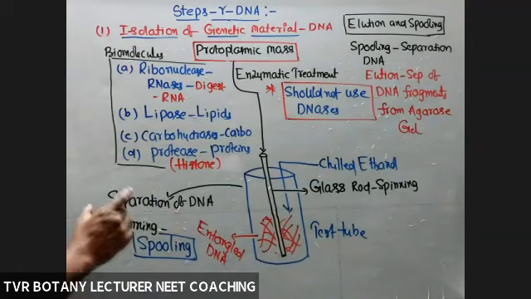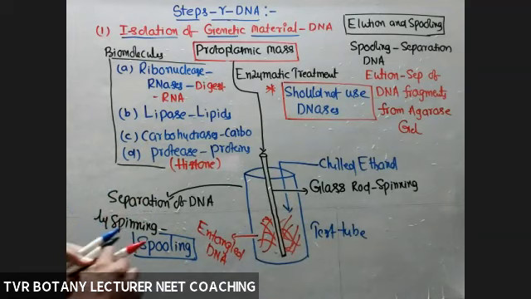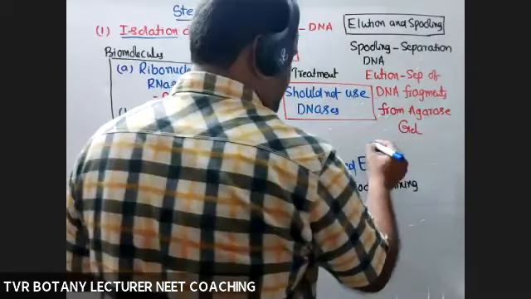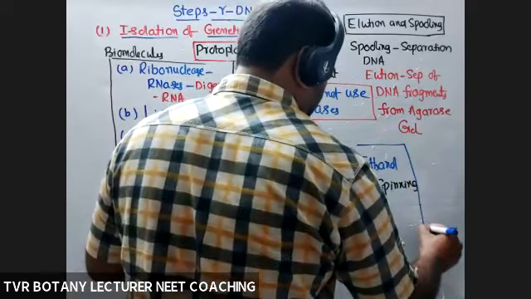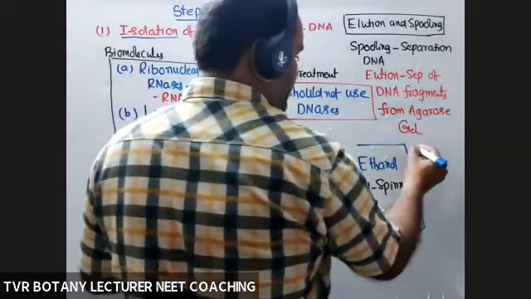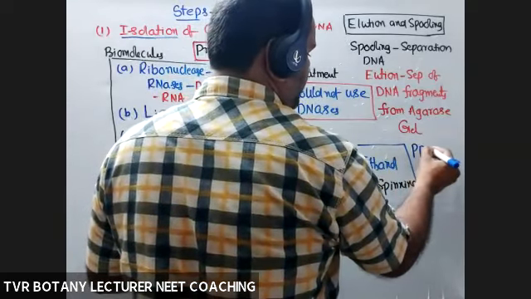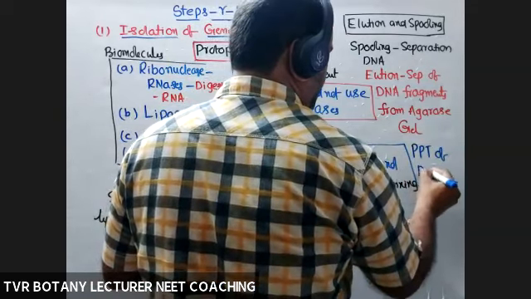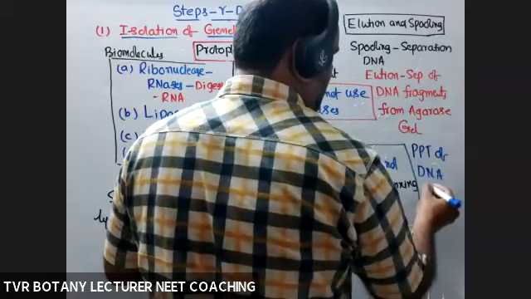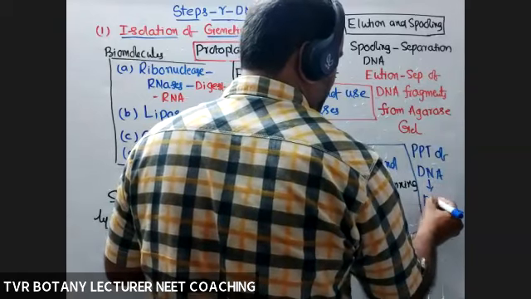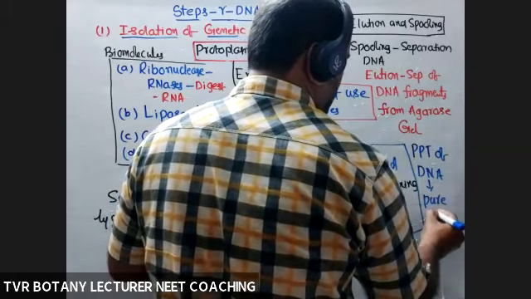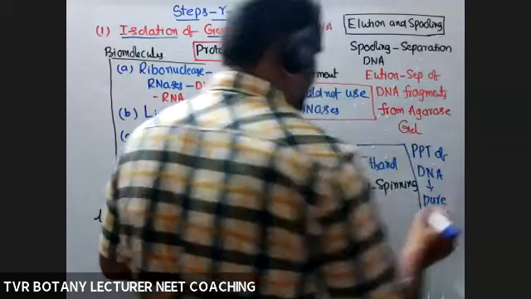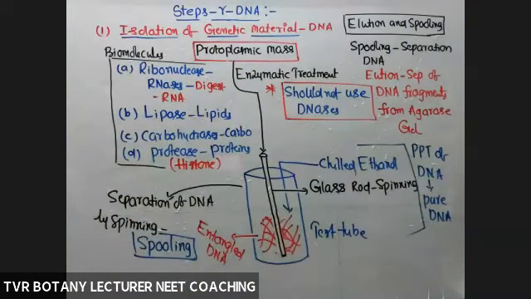Once the spooling technique is completed, definitely we'll get a precipitate of the DNA molecule. So we'll get a pure form of DNA, only the DNA molecule, without histones, RNA molecules, carbohydrates; other biomolecules are completely absent.